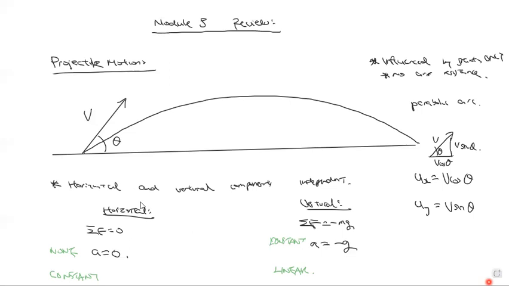Because acceleration is 0 in one direction and negative g in the other, that means acceleration is constant in both directions. So we can use our SUVAT equations, which include v equals u plus at and s equals ut plus half at squared. In the horizontal direction, a equals 0 and ux equals v cos theta.